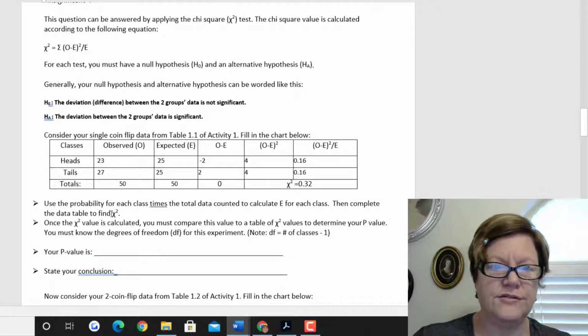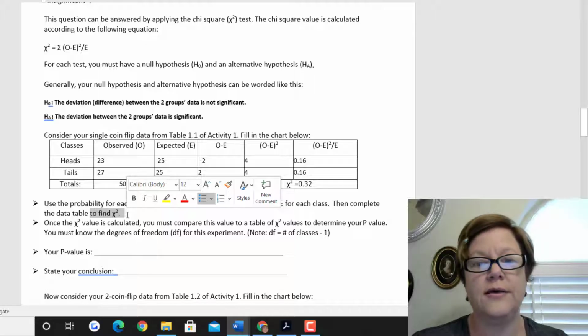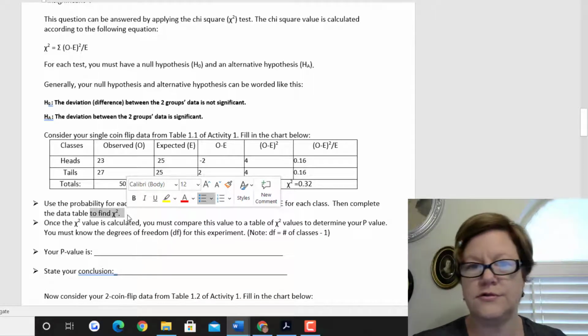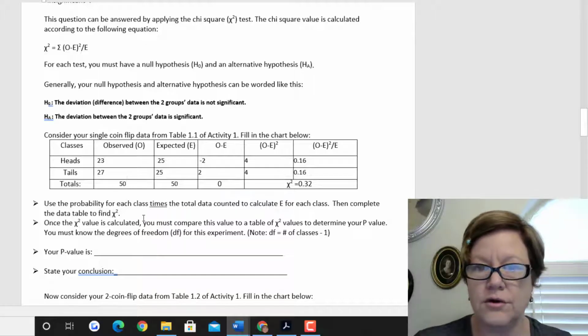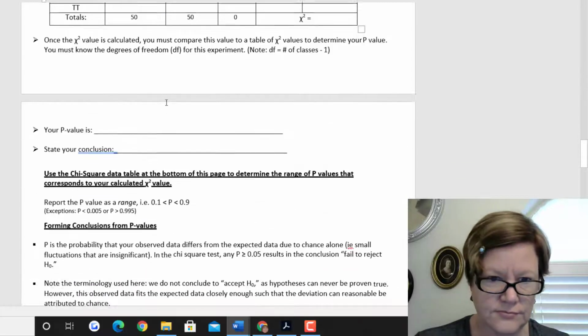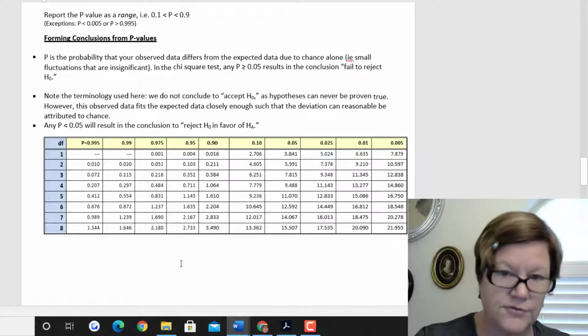So you have to find your chi-square. Then you're going to use a chart. There are some computer programs that you can put in your chi-square and it will tell you your p-value. We're just going to kick it old school with a chart. So sometimes when you read a journal article, they'll have an actual number for p.